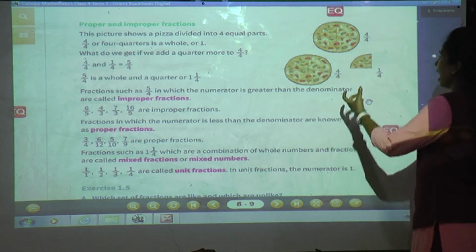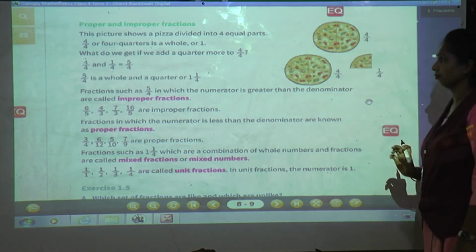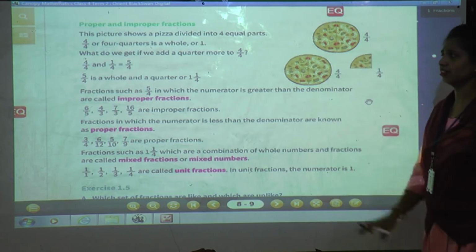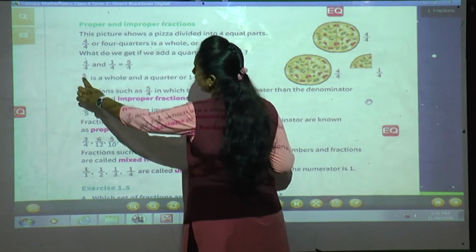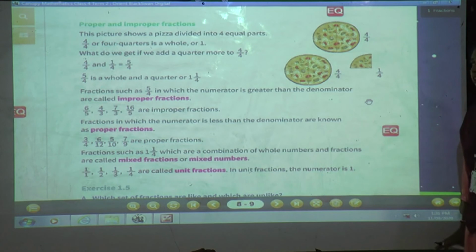Again if we add one more part of pizza, that is 1/4, what do we get? See, we get 5/4, which is a whole and a quarter, or 1 and 1/4.